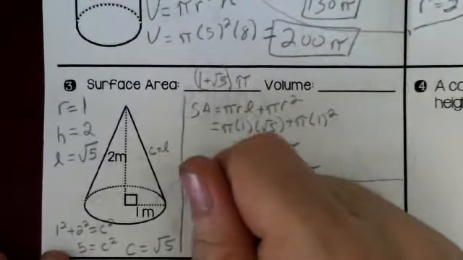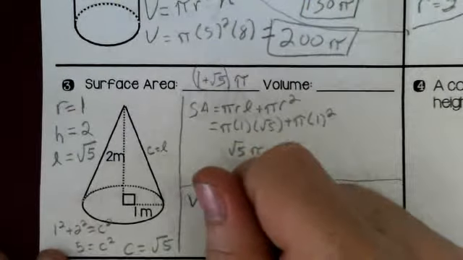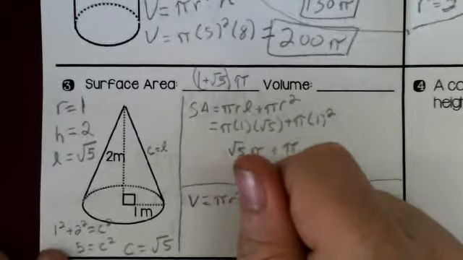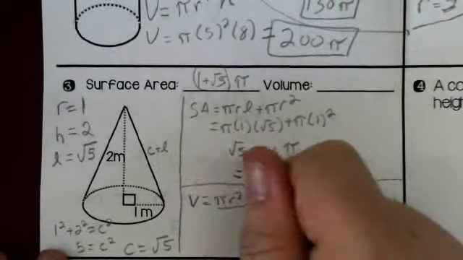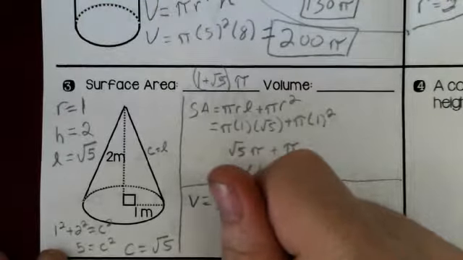And now for volume. Remember, volume equals pi r squared h over 3.